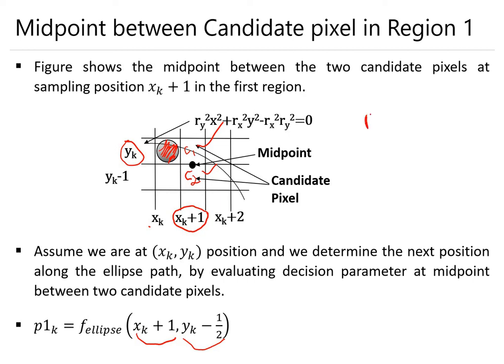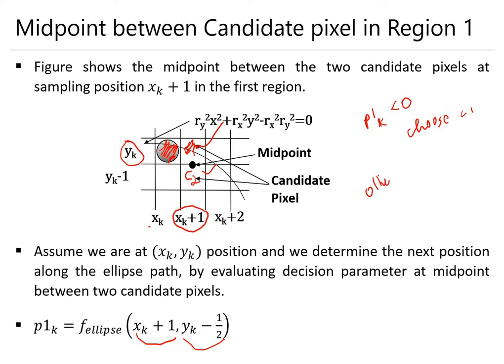If p1k is less than 0, we know that we will choose this point, C1.